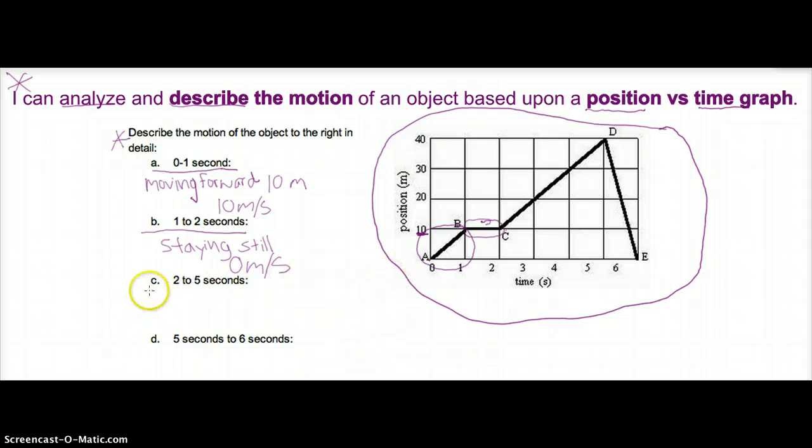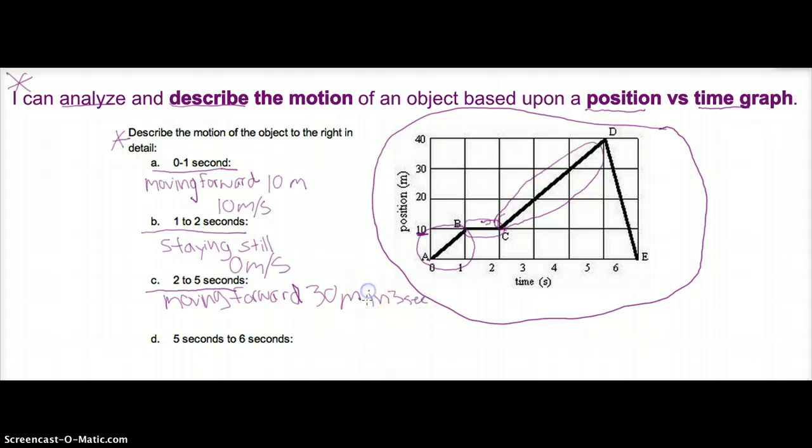Okay, now let's take a look at 2 to 5 seconds. So that's between here and 5 seconds. Obviously, you are increasing position. You're moving forward again in this case, but this time you're moving 30 meters in 3 seconds.